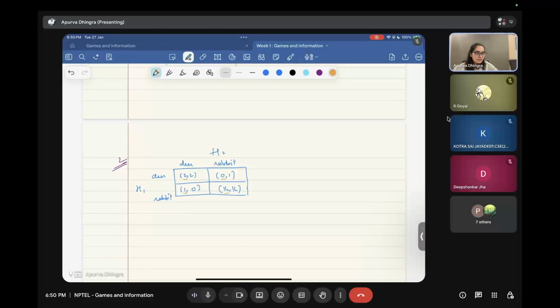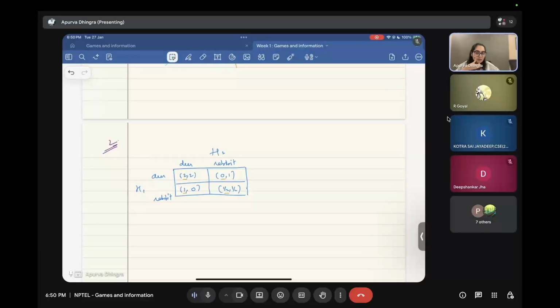Let's say they can hunt only one of them at a time. And if they can coordinate, they would have gone for deer. But if they can't coordinate and they're supposed to decide based on whatever judgment they can make, this might be a very different scenario. So let's try and find the Nash equilibria for this and verify if that really is an equilibrium concept or not for the particular problem.